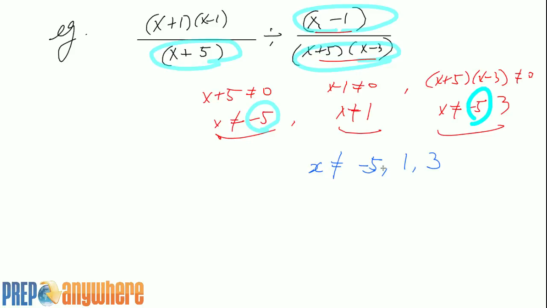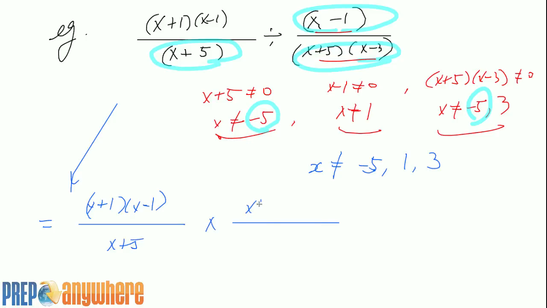Sarah? So let's keep that in mind as a restriction. And then now, let's do the operation pretending they're all defined. Okay, that means we can do this now. Times by reciprocal, x plus 5 over x minus 3 divided by x minus 1.